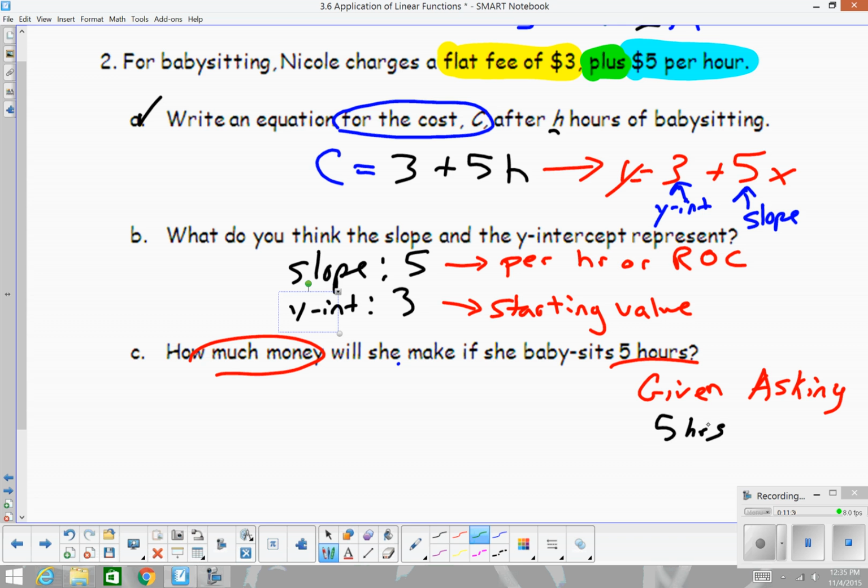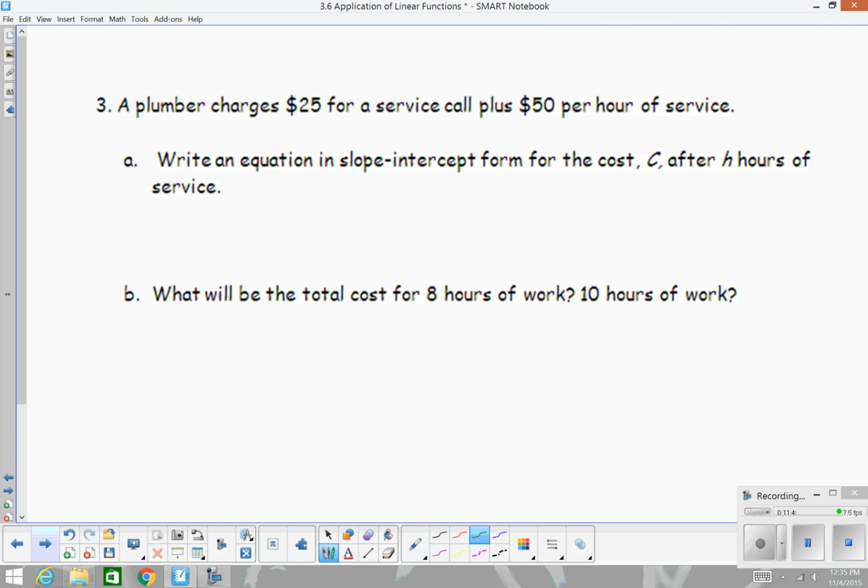What is it asking? How much money? So it's asking for the cost. Now, what I want you to do is solve for C. Call me over, I will check it, and then I want you to try number 3 as a money problem. Good luck.